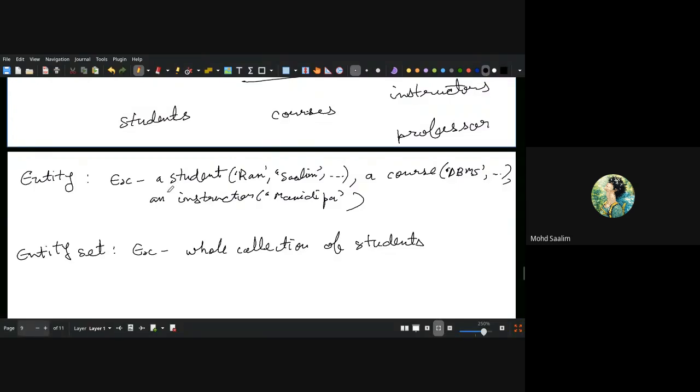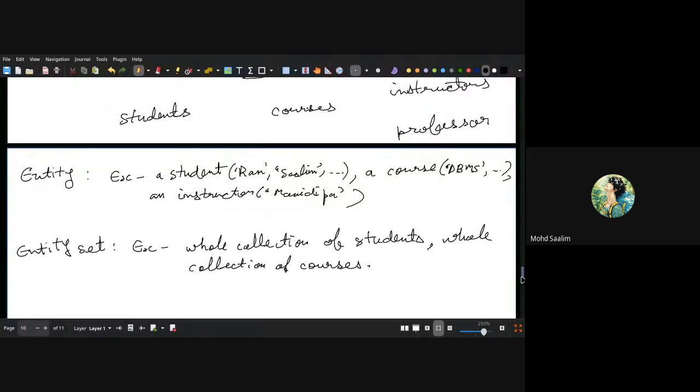Now, according to that schema, whatever is being defined in your organization, for example, according to the student schema, if I have 15 different students, then the collection of those 15 students is an entity set. Got it? And in the same way, the whole collection of courses, and you can generalize it with different things like instructors, professors.